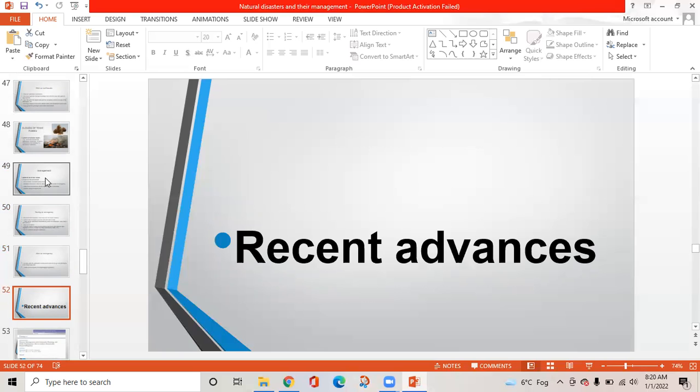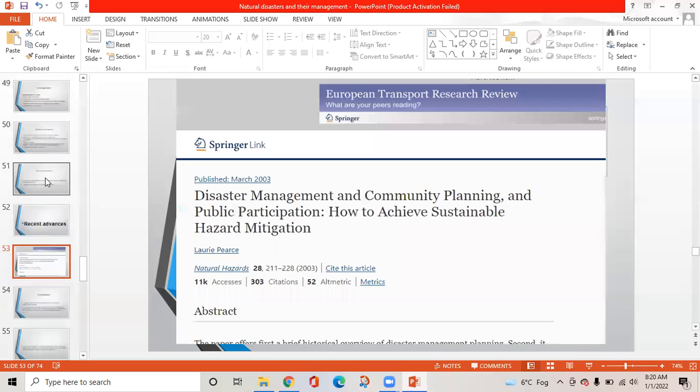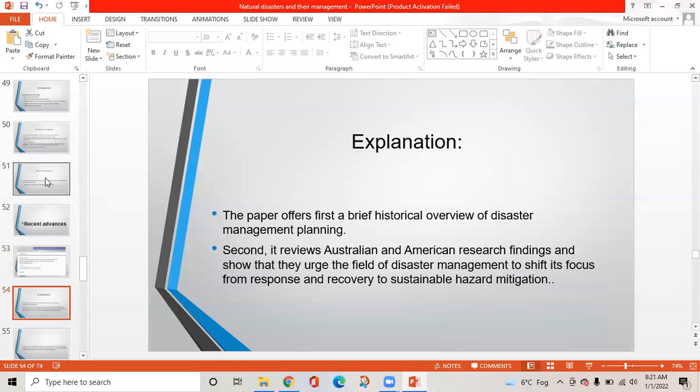Now, coming towards the recent advances, there's an article on disaster management and community planning and public participation: how to achieve sustainable hazard mitigation. Important points in the article: the paper offers first a brief historical overview of disaster management planning.